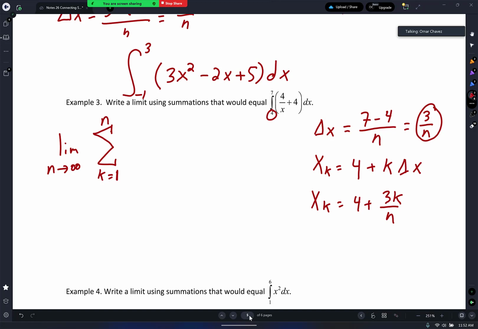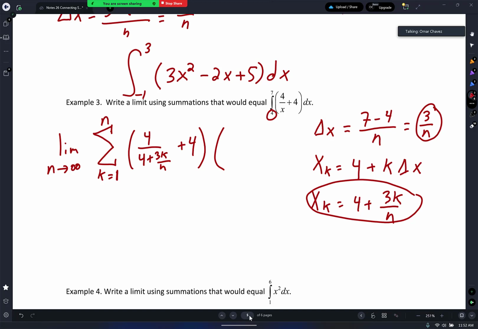And then the height of each one of these rectangles is going to be f of, and you're right, here you're always going to type in your x of k. So it's going to be 4 plus 3k over n, and then plus 4, close it. That's my height of the kth rectangle, and I'm going to multiply it by your delta x, which is 3 over n, and that's the first one.